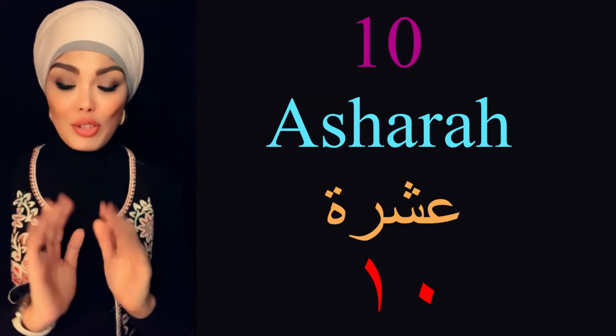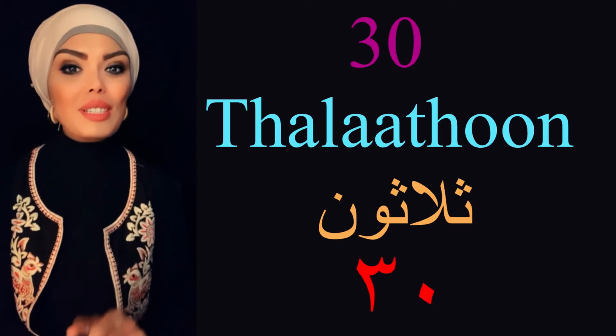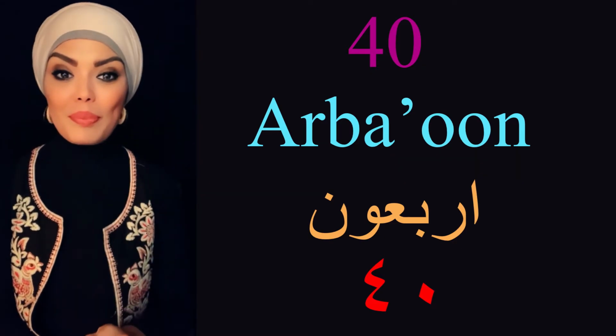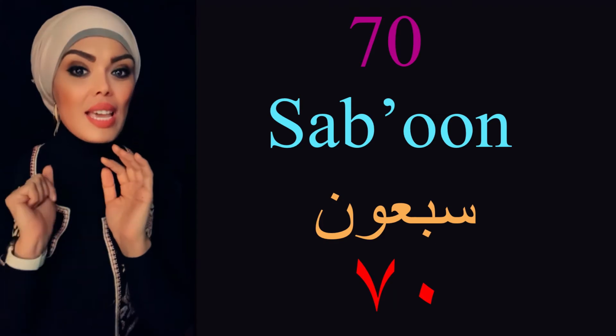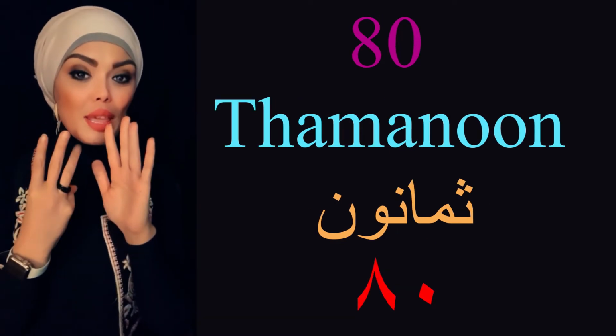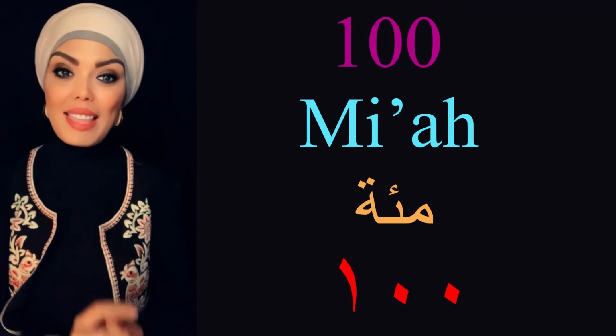Let's quickly revise the tens, and that's what is going to help you in reading all these numbers. عشرة. عشرون. ثلاثون. أربعون. خمسون. ستون. سبعون. ثمانون. تسعون. مئة, and that is 100. To read anything along with those tens, what do we do?